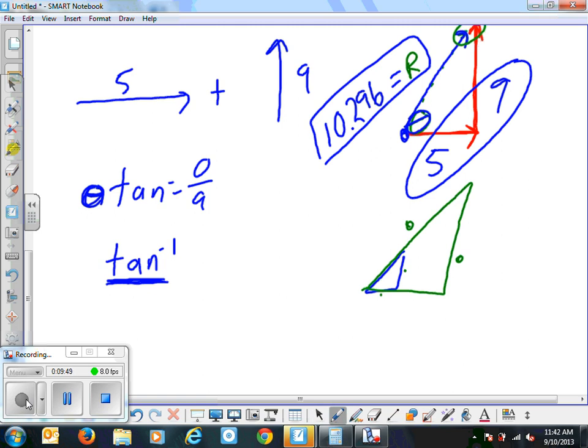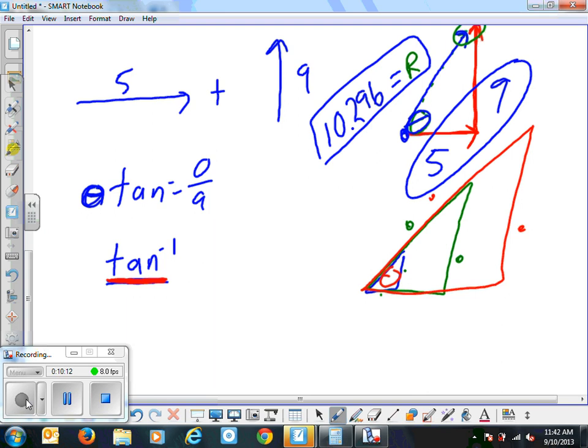So as long as your calculator knows the ratio number, which you tell it to find. You say, hey, when you push inverse tangent, I'm going to give you a ratio number. You tell me the angle that's associated with that. Like, when I was in school, we had to look in the tables in the back of the book.